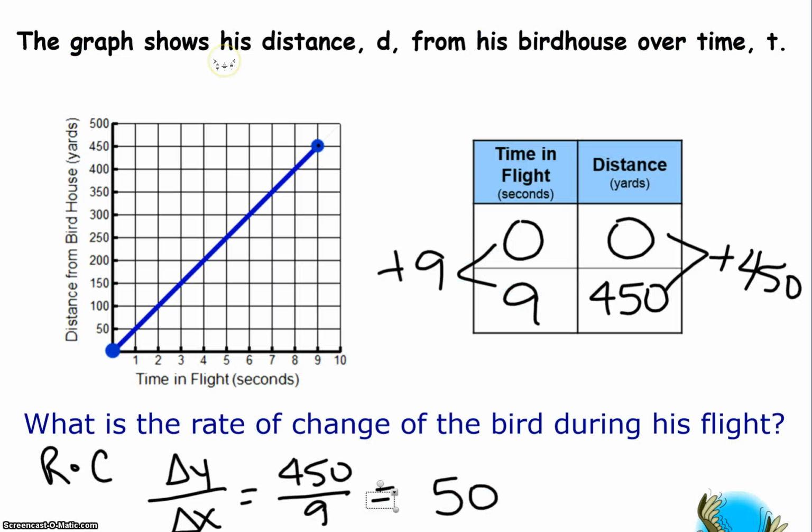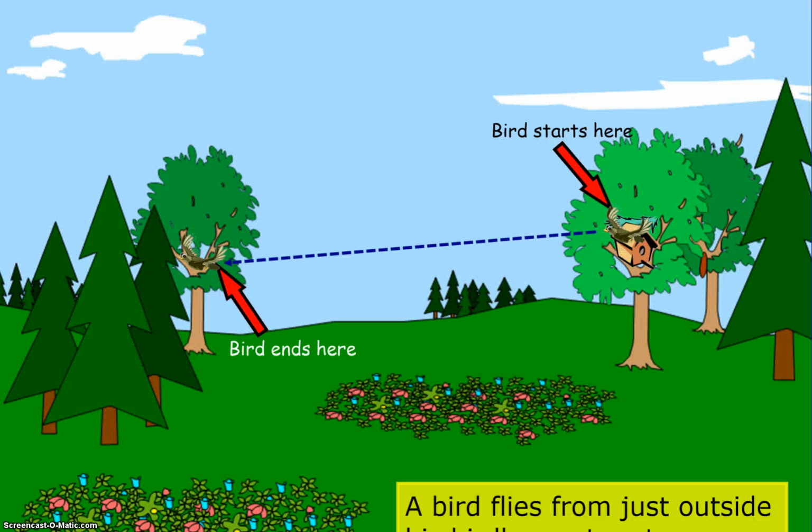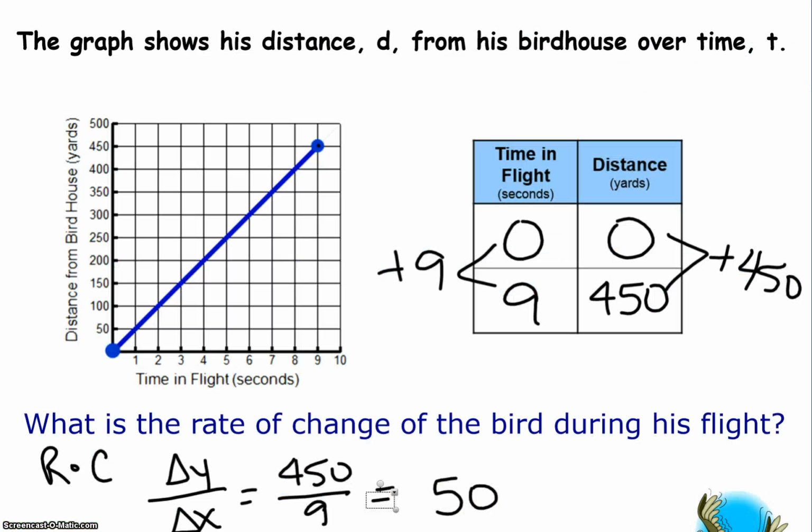The graph shows the bird starts here and travels to here, okay? And it says the graph shows his distance d from his birdhouse over time. When we were talking about rate of change, we went from a graph to a table and we had to choose 2 points. Make sure those points are where the grid intersects. The first point I chose is 0, 0.